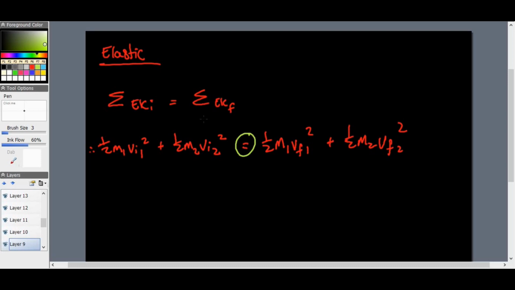If this is not so, in other words, if there is a line saying that it's not equal, then the above, when it's not equal, would be an inelastic collision.